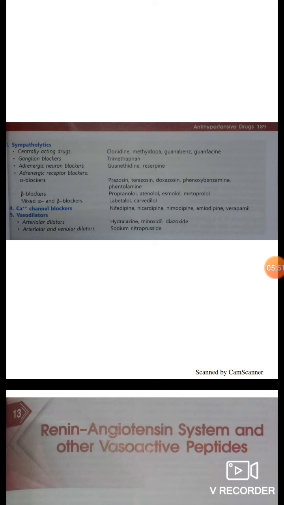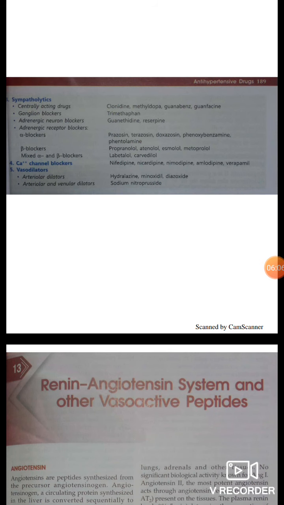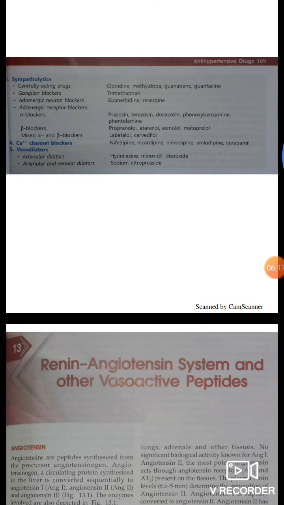First one is alpha blockers. Prazosin, terazosin, doxazosin, all names suffixed by zosin, right? Zosin, those are included in alpha blockers. Then beta blockers. Beta blockers include propranolol, atenolol, esmolol, metoprolol, right?